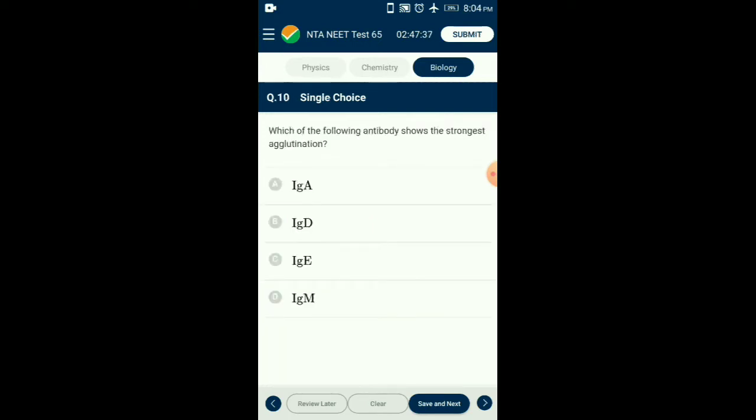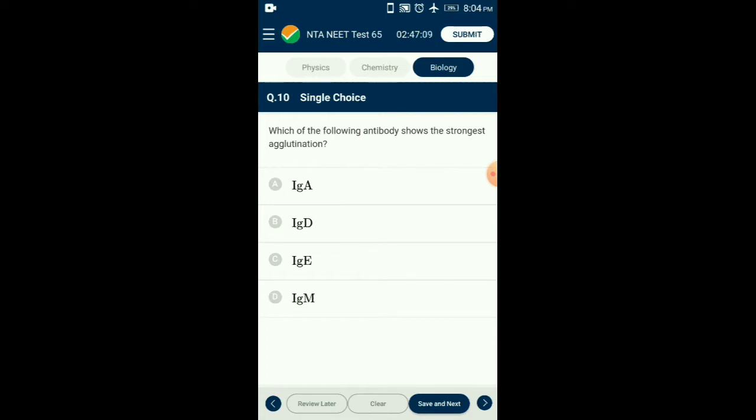Question number 10. Which of the following antibody shows the strongest agglutination? Immunoglobulin M exists as a pentamer and each molecule possesses 10 antigen binding sites. Immunoglobulin A is abundant in tears, saliva, breast milk, and secretions of gastrointestinal and respiratory tracts.